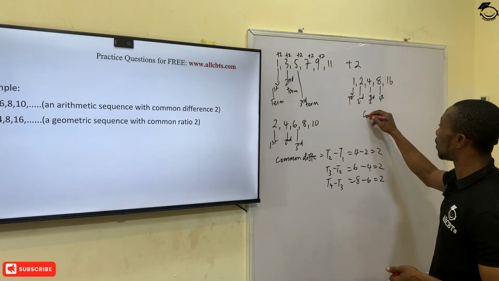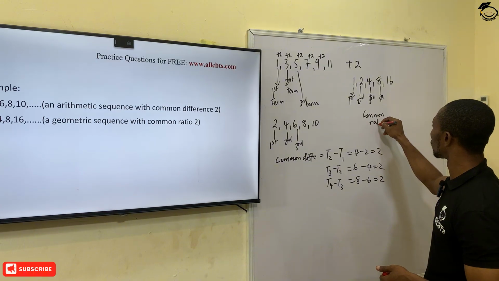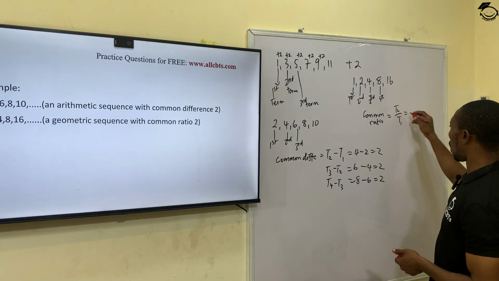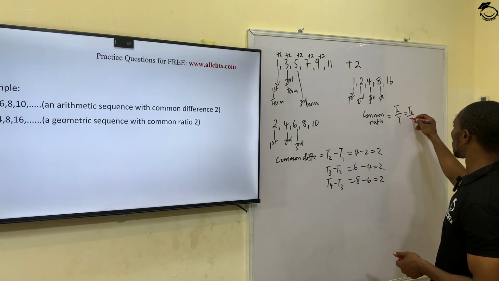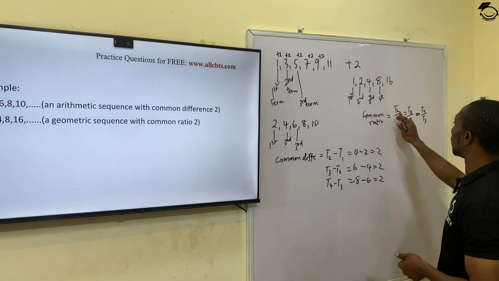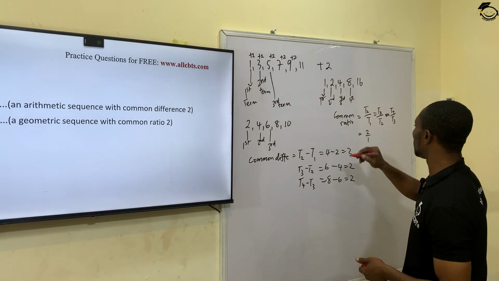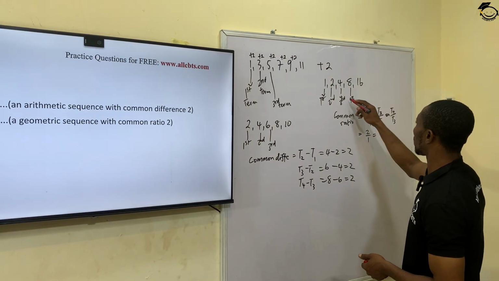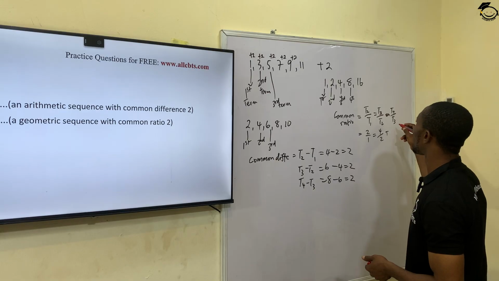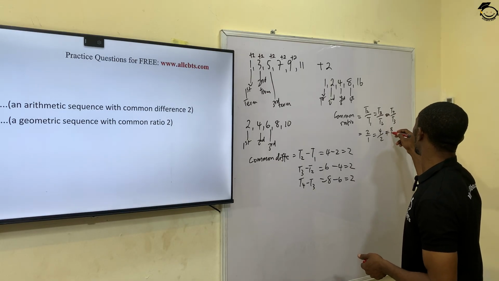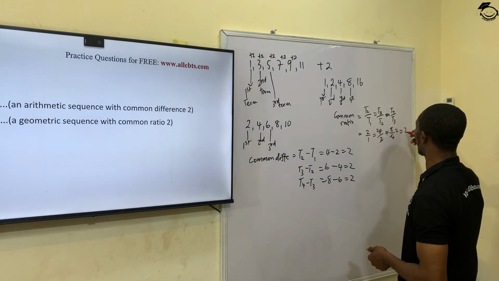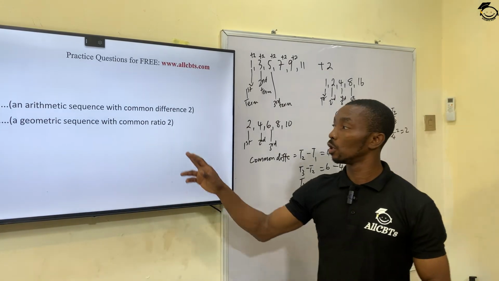Now, if we have our common ratio as T2 over T1, or T3 over T2, or T4 over T3: T2 is 2 over 1, and our T3 is 4 over 2, and our T4 is 8 over 4. In all this, we will see we are having a 2. So our common ratio would give us a 2.